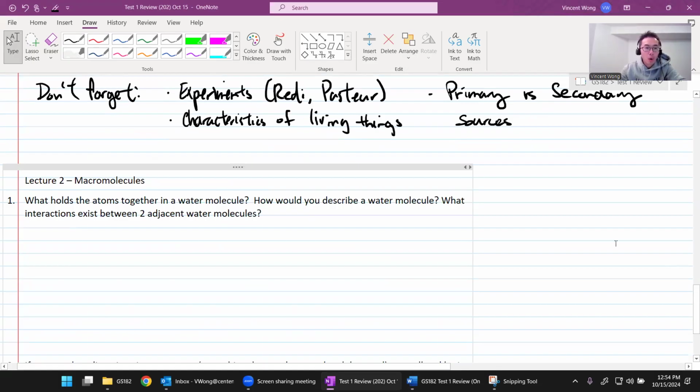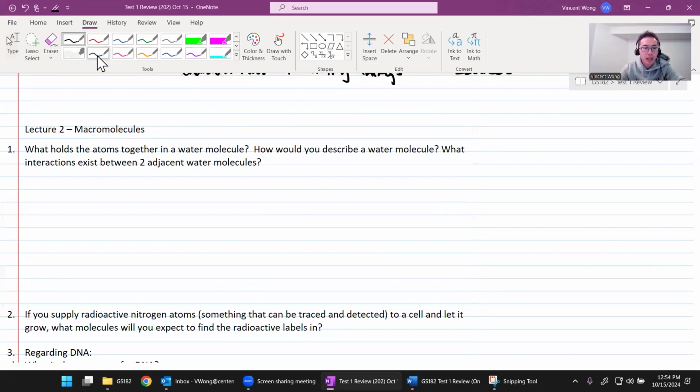Okay, lecture 2. What holds the atoms together in a water molecule? Water molecule is, of course, as you know by now, H2O. So you can draw a water molecule. There it is. Now, it's asking what holds the atoms together.